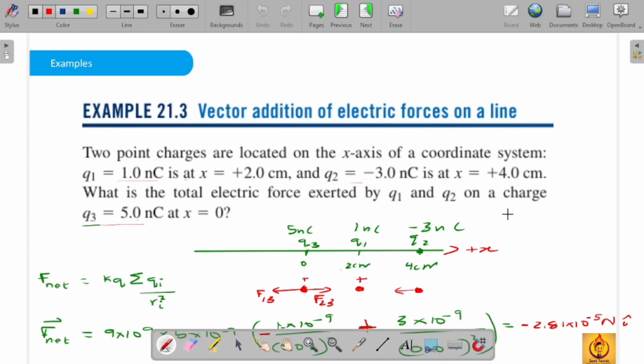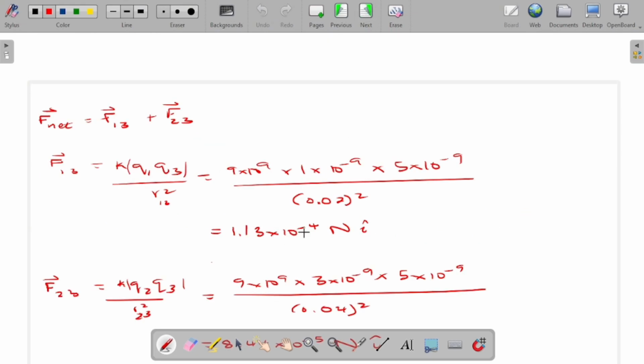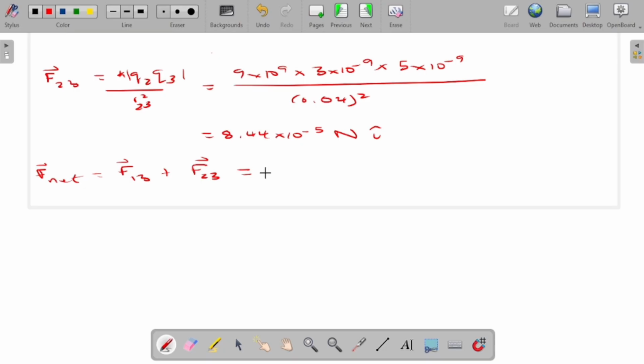Looking at the direction of 1 on 3, it's to the left and the left is negative, but 2 on 3 is to the right. So we need to change our value a little bit and give it a negative now, so we can say negative 1.13 times 10 to the negative 4 plus 8.44 times 10 to the negative 5.